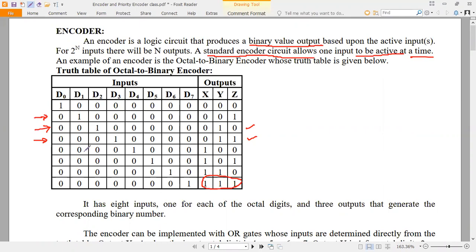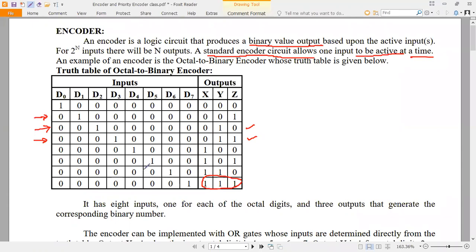So if you see this, only one input is active at a time. In the first row, only D0 is active. Second row, D1 is active. Third row, D2 is active. Remaining all are zeros. In any row, only one input will be active. Remaining will be zeros.